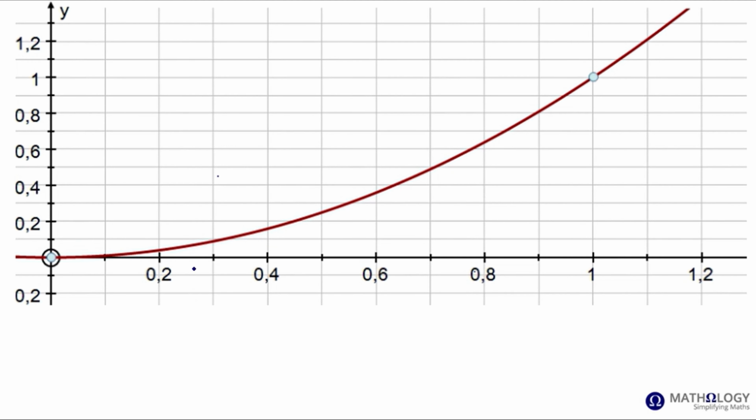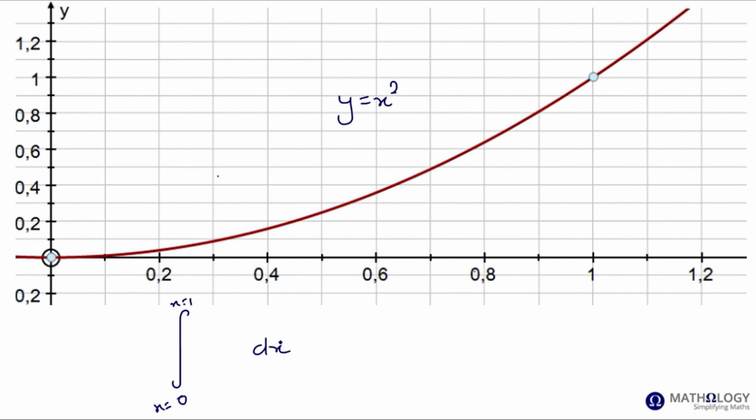Okay, so to determine the area underneath the curve between the points 0, 0 and 1, 1, we'll integrate between 0 and 1. So this is x equals 0 and x equals 1. The function is y equals x squared. And because the limits of integration are x boundaries, we are integrating with respect to x.